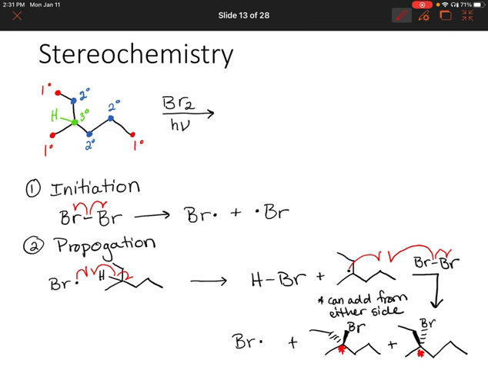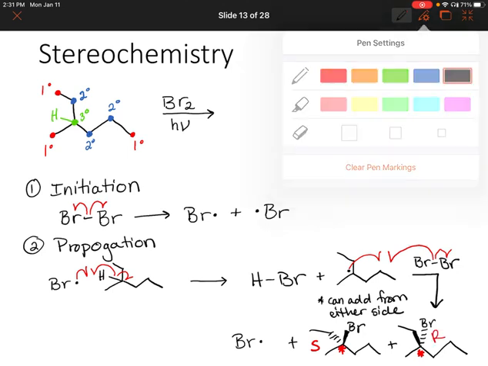These two are not identical because if we assign R and S, we would find that the product on the left is S, and the product on the right is, let's see. Oh, the methyl group's in the back. If we rotate it, it's R. Okay. So these are enantiomers.